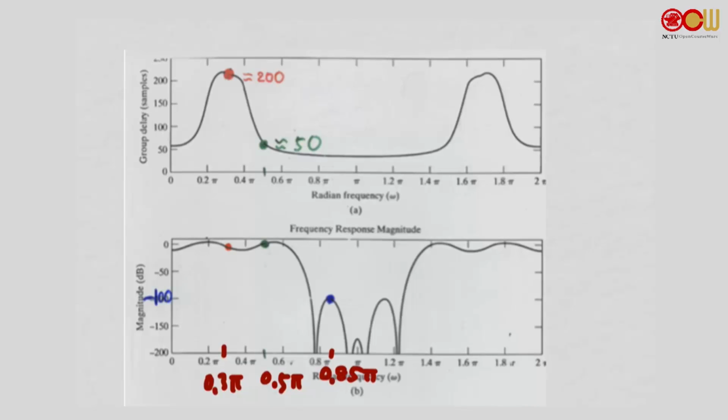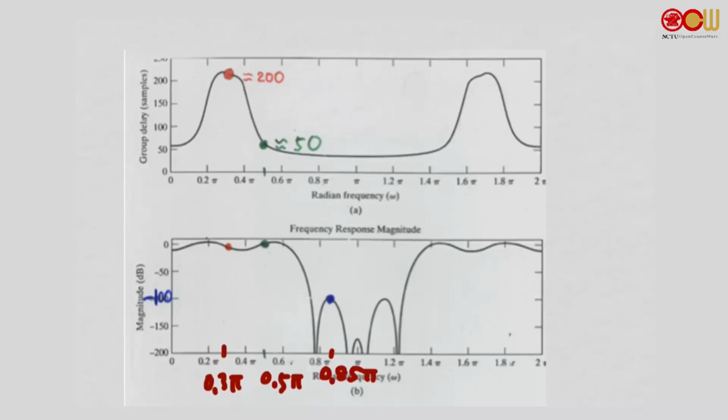And we can see that at 0.3 pi, the value of H magnitude response is quite close to 1 because this is dB. So 0 dB will correspond to the value 1. And similarly, for the green dot, the value of H magnitude is close to 1, but it's a different story for the blue dot. Here it's almost minus 100 dB.